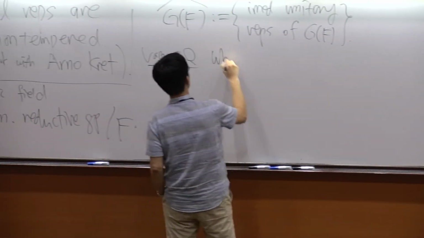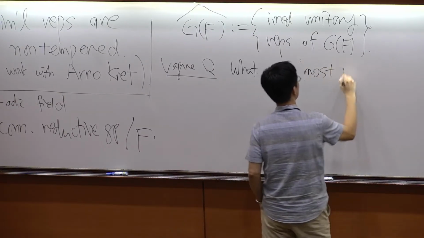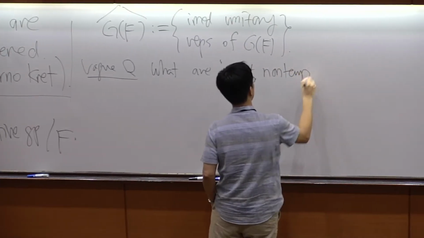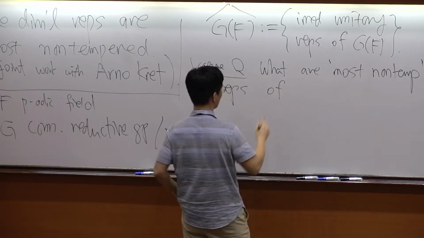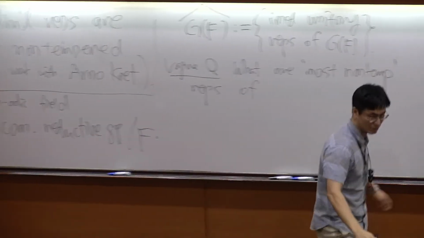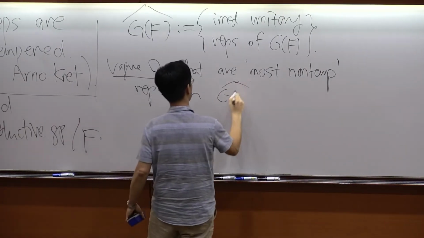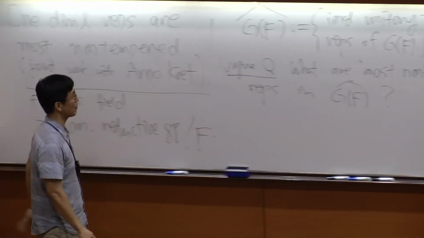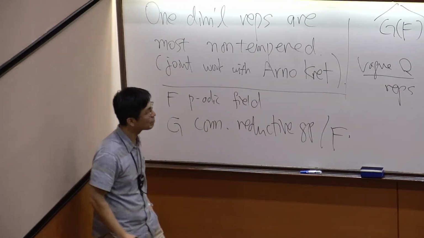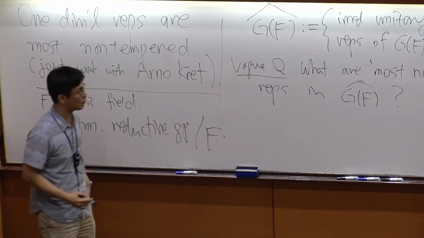What are the most non-tempered representations, non-tempered unitary representations, say representations in this set? It's just a rephrase of my title.